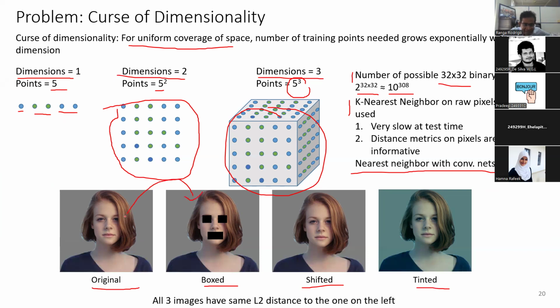All of the same length, but you can see how different they are. So using pixels as features in image classification is not a good thing.